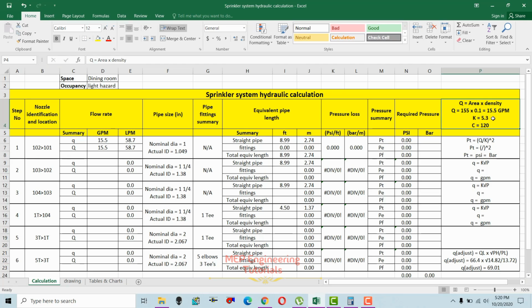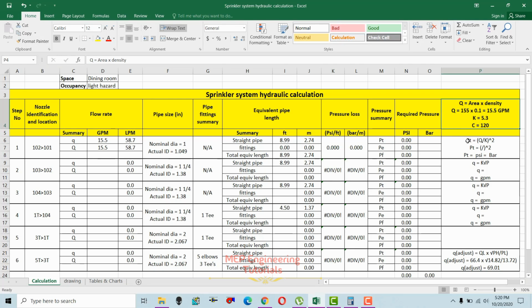You have to get it from the supplier, the one who supplied you the sprinklers. You have to check their technical data sheets and manuals to get this value. It depends on the supplier. So let's say we got a sprinkler K value of 5.3. I'm going to use 5.3 in here, and C is basically the pipe roughness. It depends on the material.